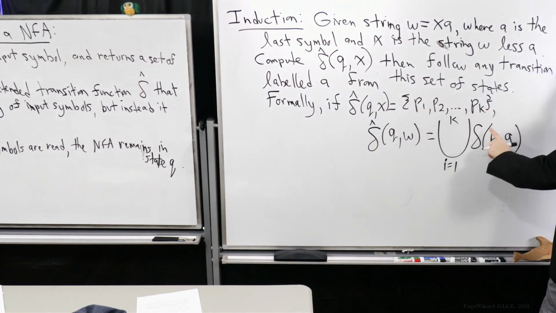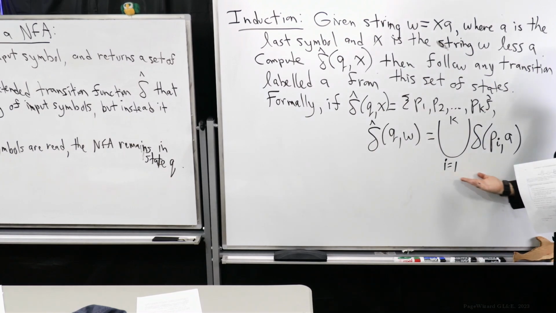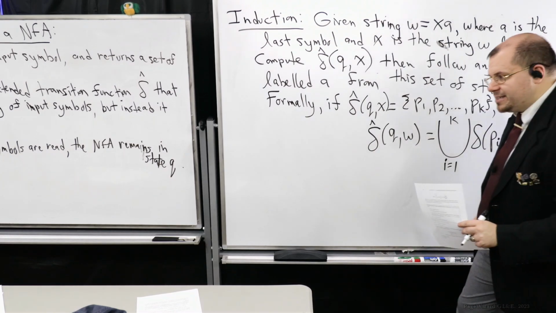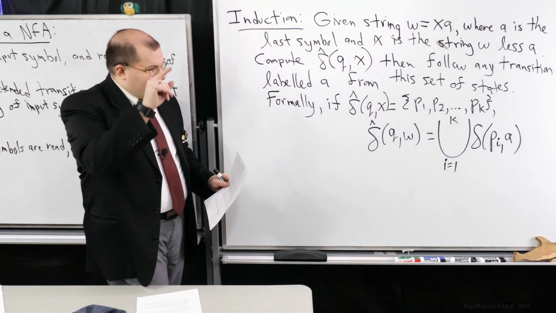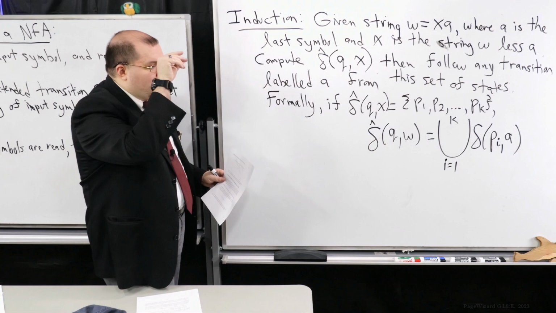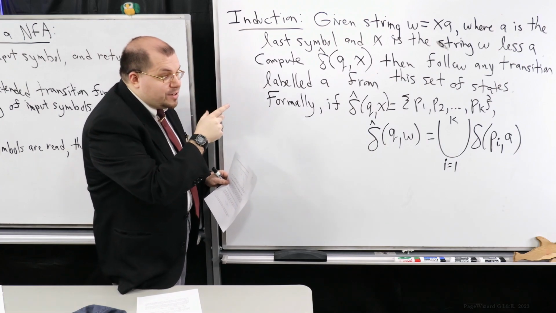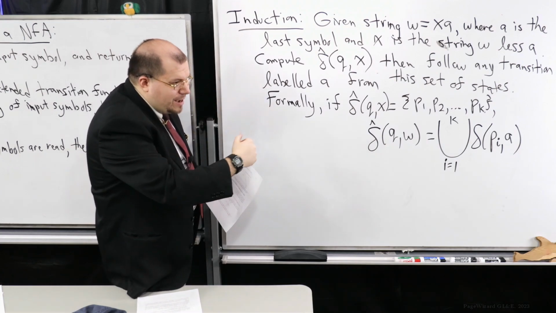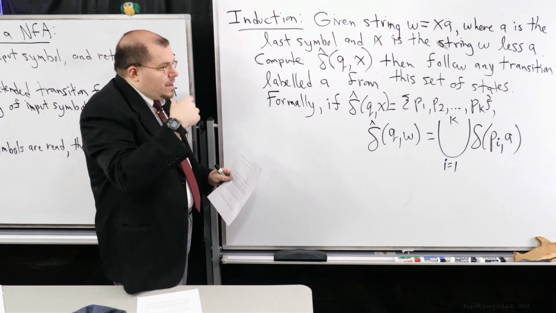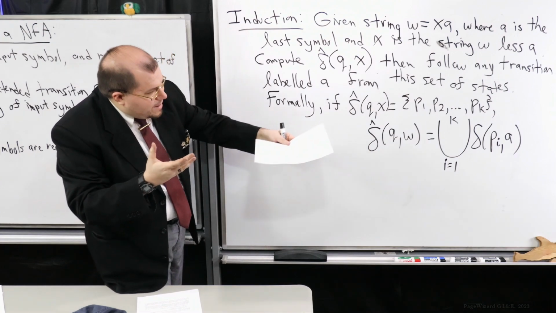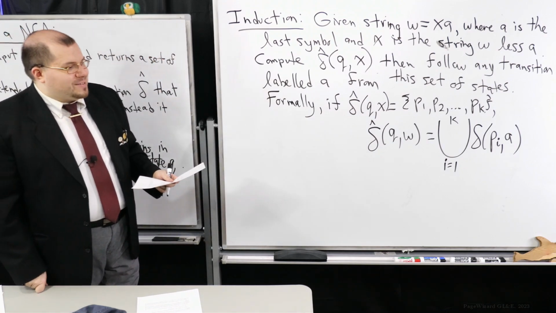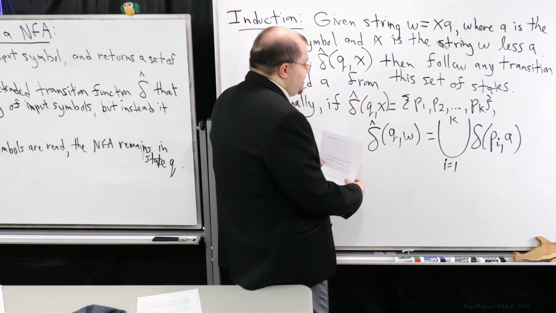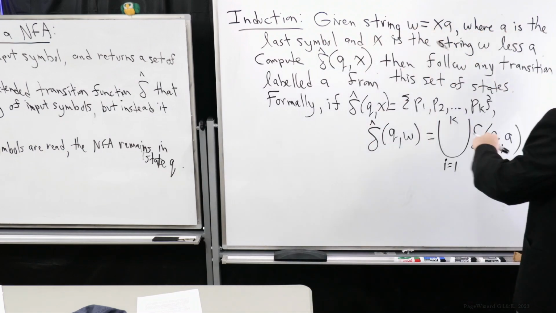You compute their transition function, and then you take the union of all of the resulting states. For each one of those states, you look at whether there's a transition to another set of states, collect those up, and put them all into the same bucket. That's a set of states. The resulting set is what delta hat q, w is.